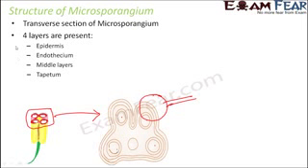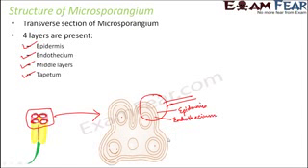And what are the layers present? They are epidermis, endothecium, middle layers, and tapetum. So these are the 4 layers, and they are in order actually. Epidermis is the outermost layer. So this is epidermis. Next to the epidermis is the endothecium. So this layer is endothecium.